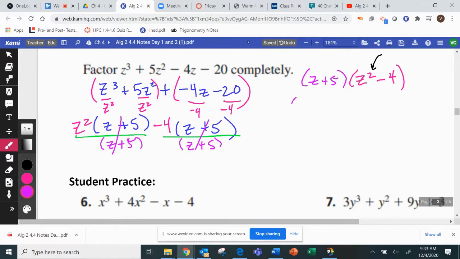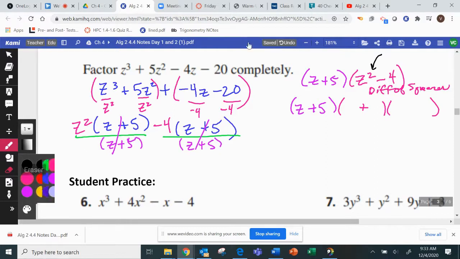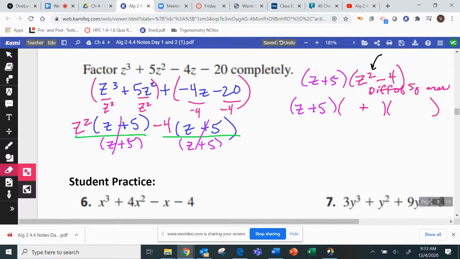So z plus 5 does not factor further because it's to the first power, the first degree. But z squared minus 4 is a binomial. It is a difference of squares. So we will do z plus 2 and z minus 2.